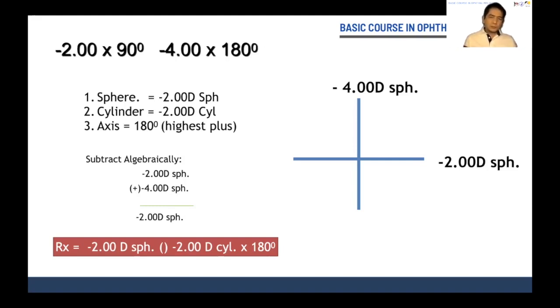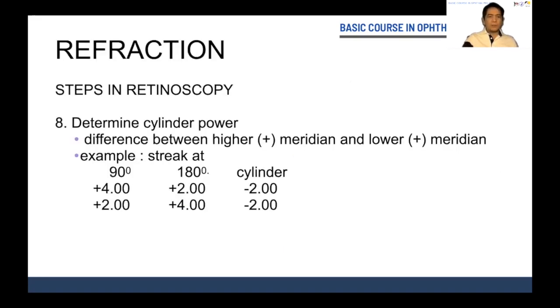If you look at the power cross, the highest plus is located vertically. Oh, I'm sorry. The highest plus is located horizontally. So the axis now is 180. So it's minus 2 diopter sphere combined with minus 2 diopter cylinder at axis 180. Okay.